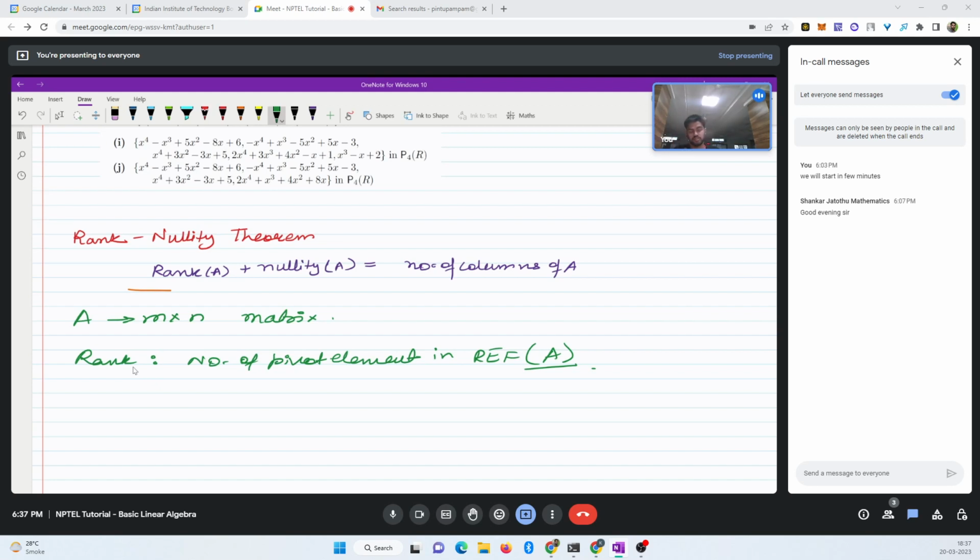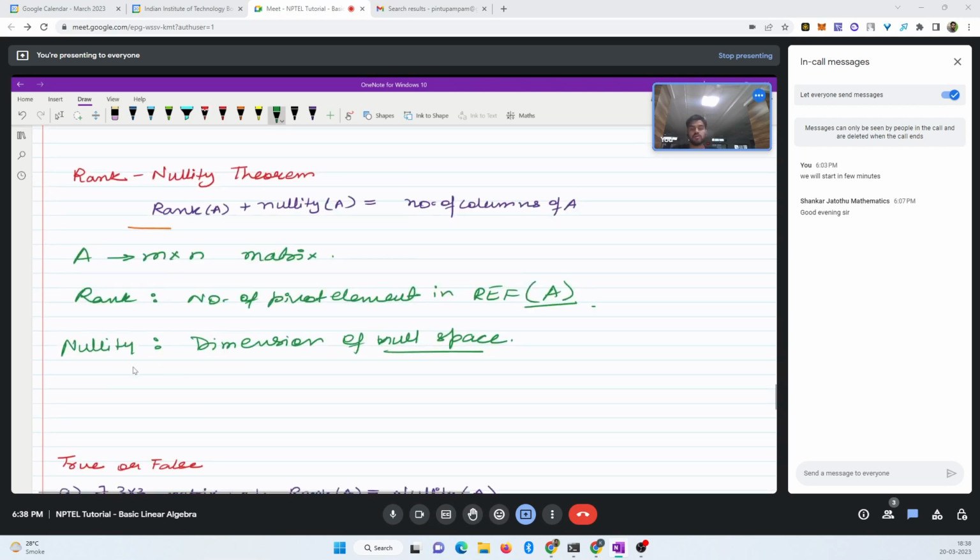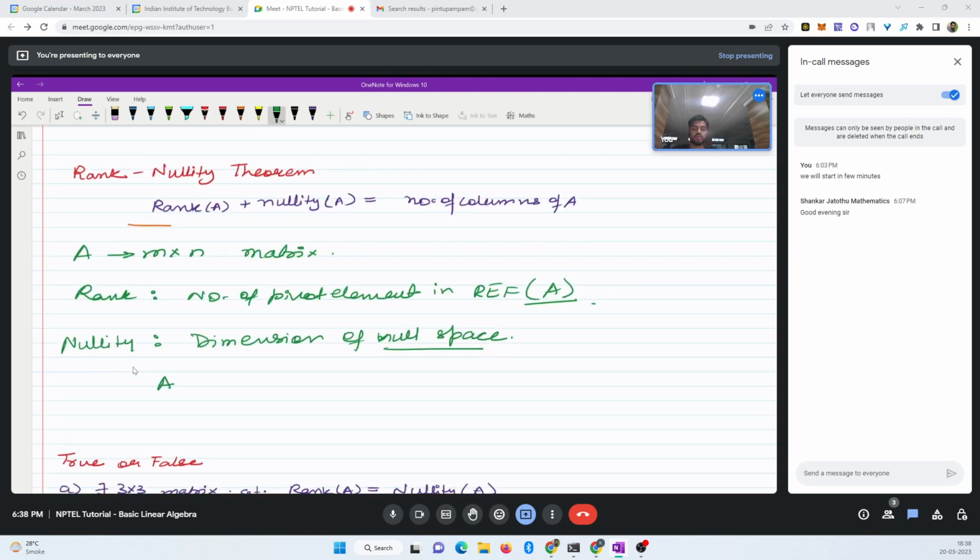Okay, and you talk about nullity. Nullity is the dimension of your null space. Now, what do you mean by null space over here? So for a matrix A, the null space of A is defined as the set of all x such that Ax is equal to 0.